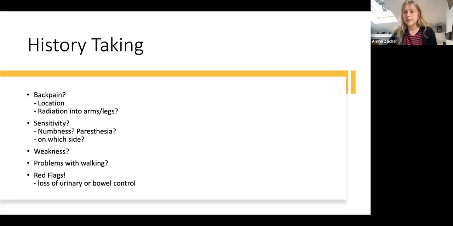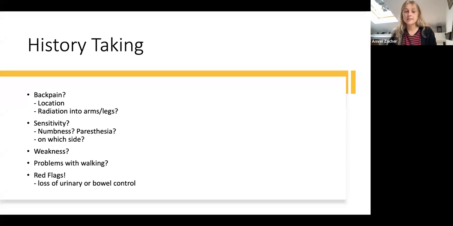For example, if you ask a patient about weakness, they might tell you something like, oh, I don't really feel weak, but sometimes I'm holding a mug or a glass and it just flings out of my hand, and I can't really tell why, which might already give you an idea that there might be something wrong in the cervical spine.